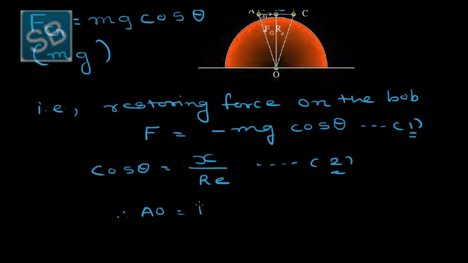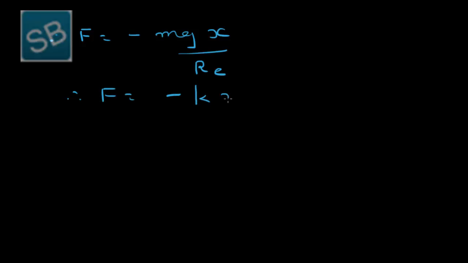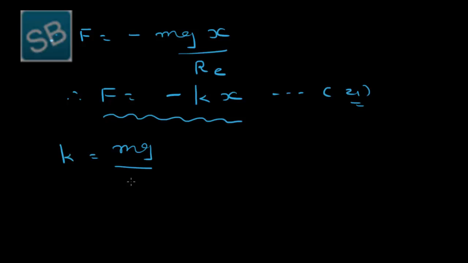So AO is equal to BO is equal to Re. That is equation number 3. And therefore the value of force F is equal to minus mg, substituting the value of cos theta, x over Re, and it is equal to minus kx, where k is equal to, this is equation number 4, mg over Re, the force constant.